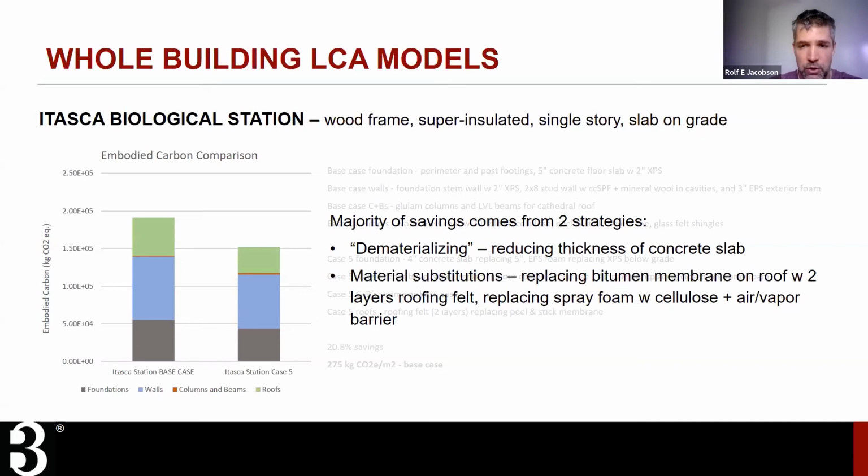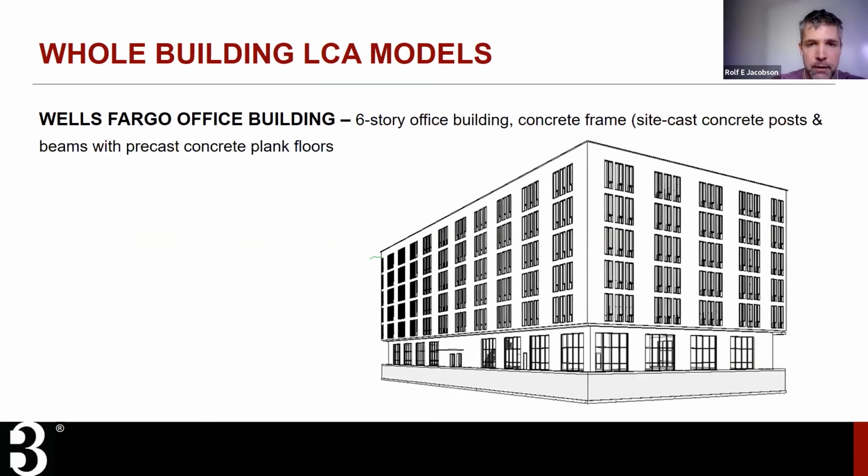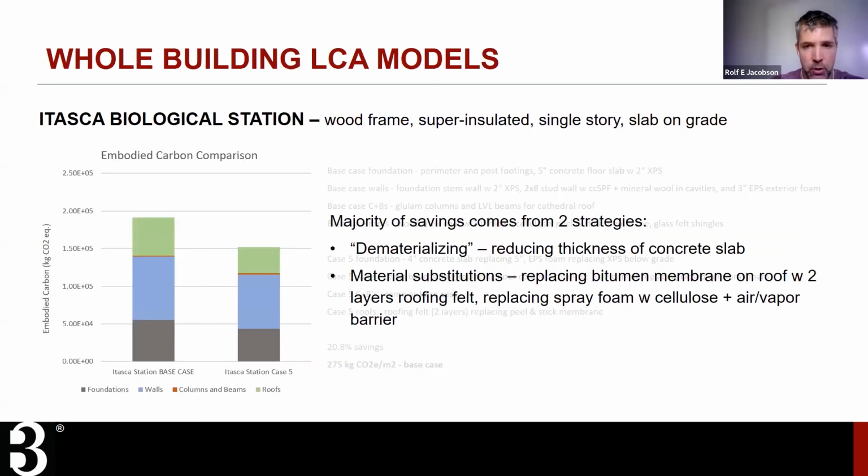The spray foam was exchanged with cellulose plus an air and vapor barrier, and the peel and stick roofing membrane was replaced with 2 layers of roofing felt. And those changes alone were enough to achieve that 20.8% savings.